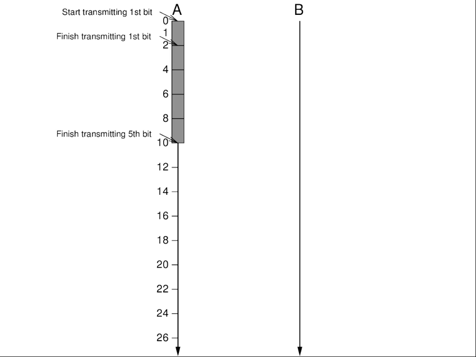Therefore, we'd finish transmitting the last bit at time 10, i.e. our transmission delay is 10 microseconds in this case. So transmission delay, the time to get the bits as a signal out of your computer to transmit them.